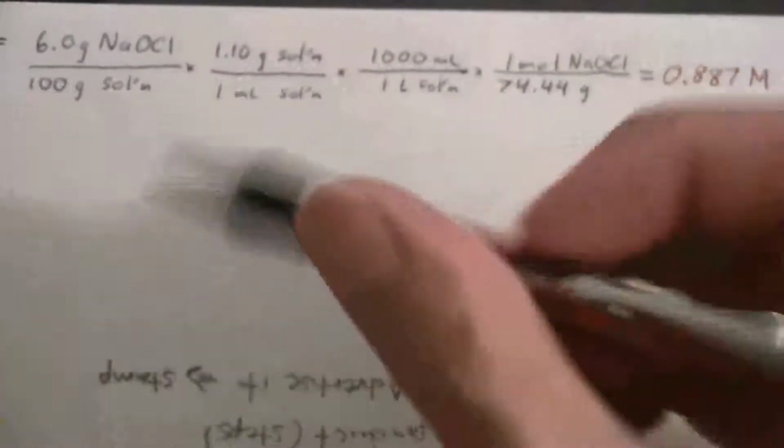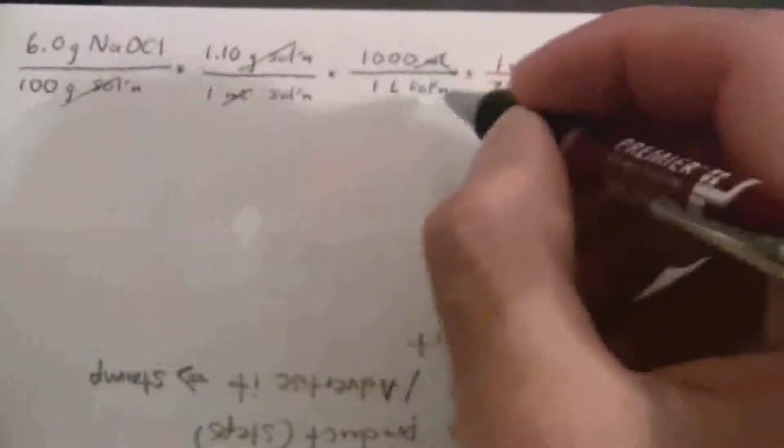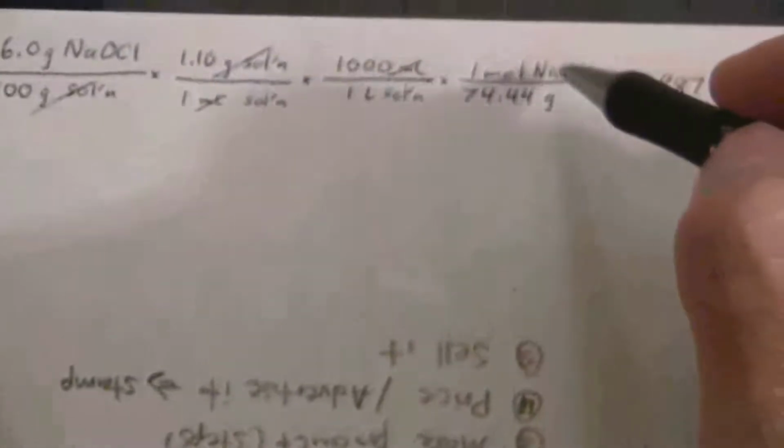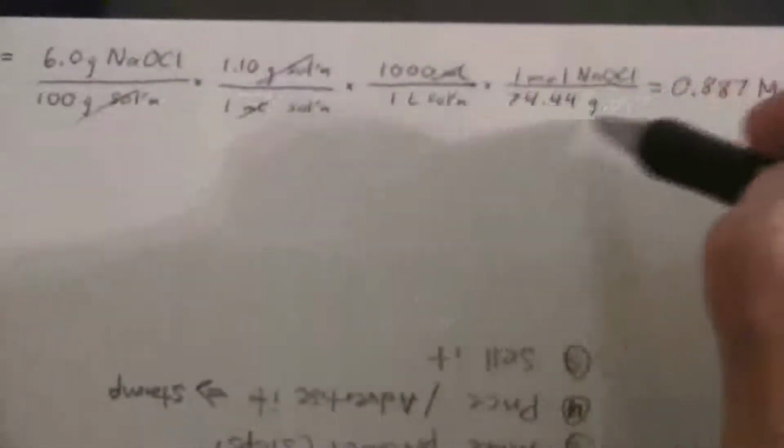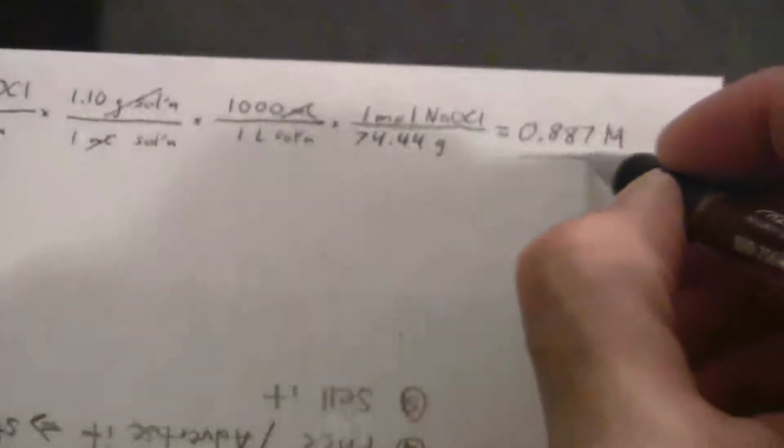Then we convert the milliliters to liters, so we have grams of solution over liters of solution. Then we convert the grams to moles by dividing by the molar mass of sodium hypochlorite. In the end we have 0.887 molar sodium hypochlorite.